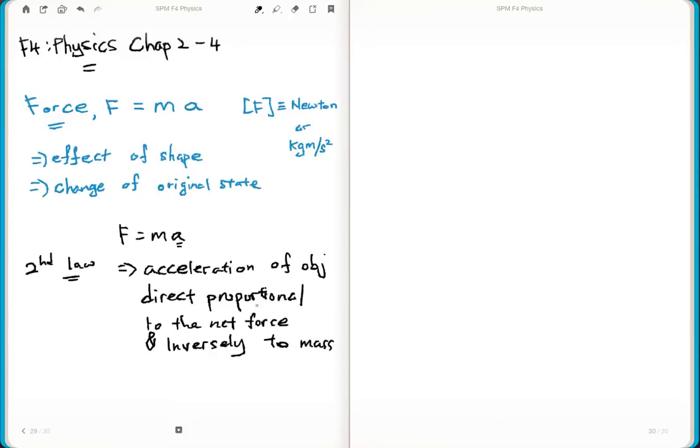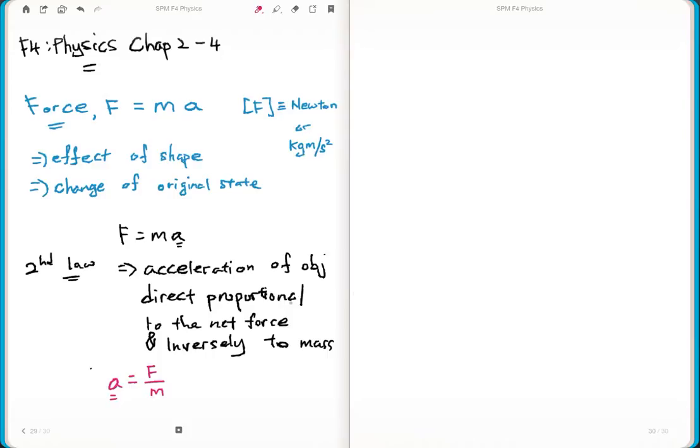So how do you remember it? You don't need to memorize it, because the wording comes from the equation. Acceleration is F over m. Therefore, acceleration is directly proportional to F and inversely proportional to the mass. That's all about it.